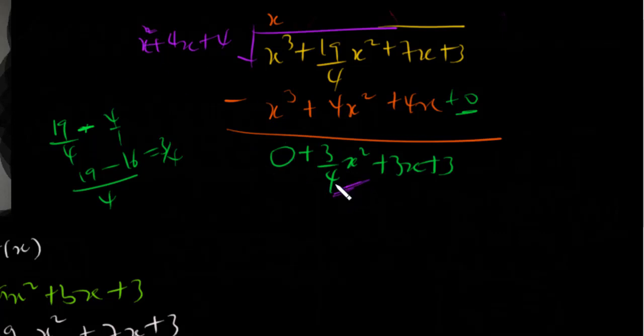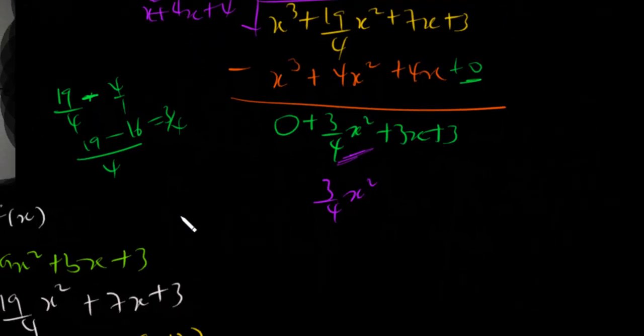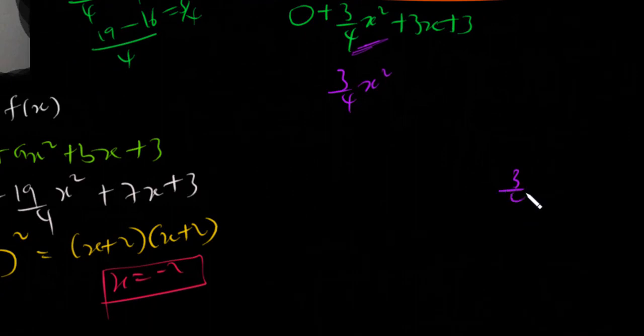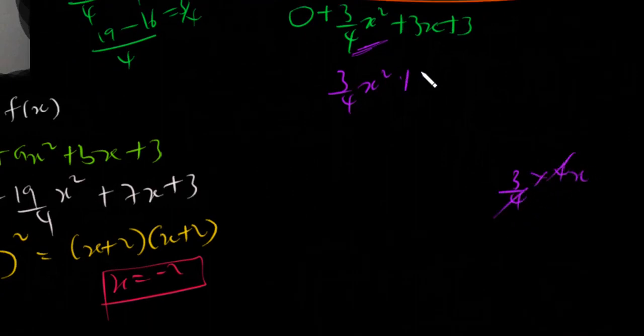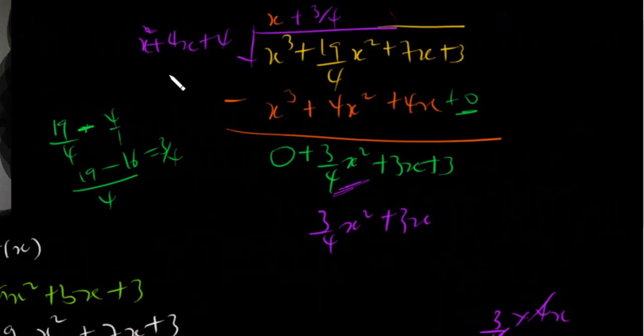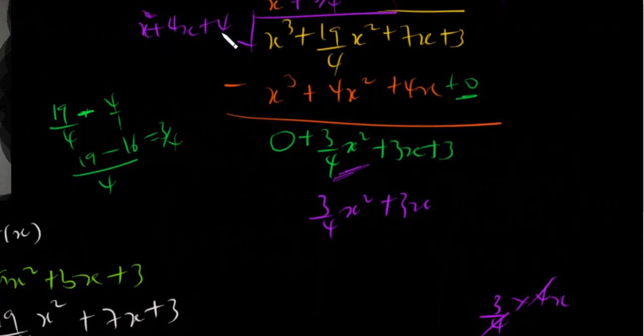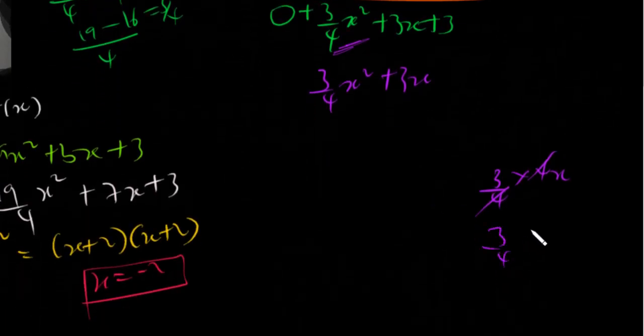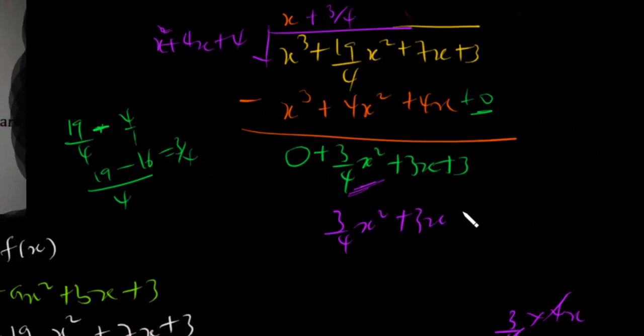So the next thing that I do is to divide the next term here, that is the 3 over 4 x squared by x squared, and I'll get 3 over 4. So 3 over 4 times x squared, I have 3 over 4 x squared, and 3 over 4 times 4x, let's look at it very well here. 3 over 4 times 4x, 4 will cancel 4, so you have 3x here. Then we have 3 over 4 times 4, and that is also 3.